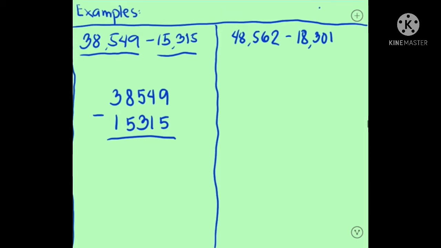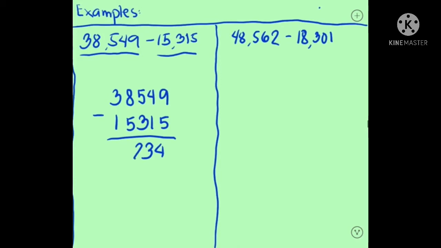Okay? Let's do the solving. We have 9 minus 5 first. 9 minus 5 is 4, correct? 4 minus 1. That is 3, correct? 5 minus 3. 5 minus 3 is 2, correct?